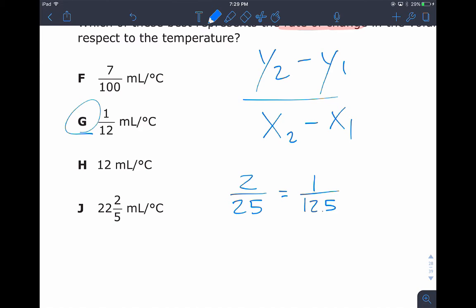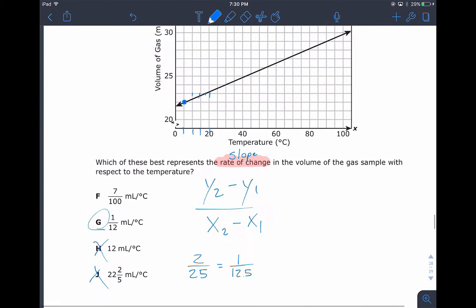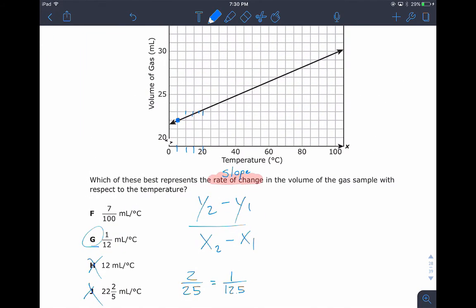So it's kind of close to what we got there. So that one's going to be the closest answer choice. It's definitely not H. It's definitely not up 22 and 2/5 and over 1 there. So it's probably going to be up 1 over 12.